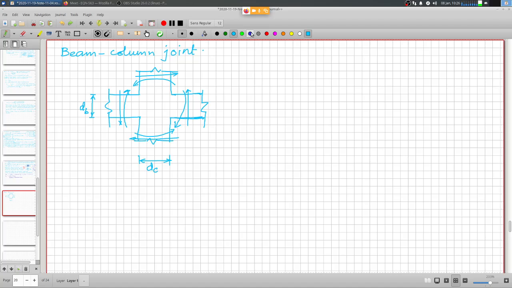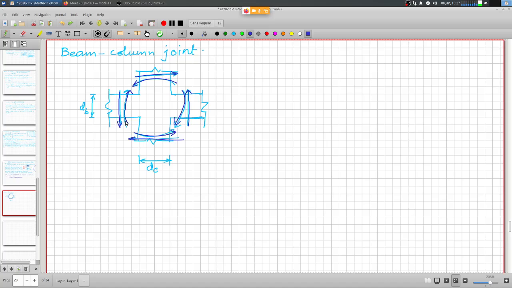Okay, so let me draw. These are the stress resultants in columns, and these are the stress resultants in the beam.